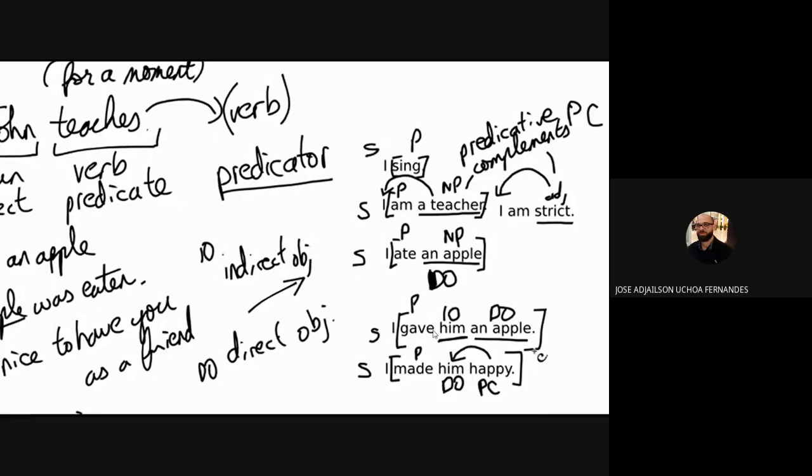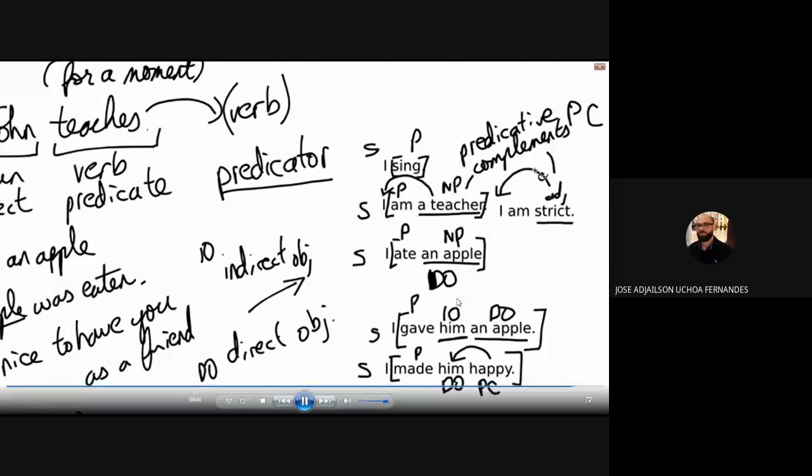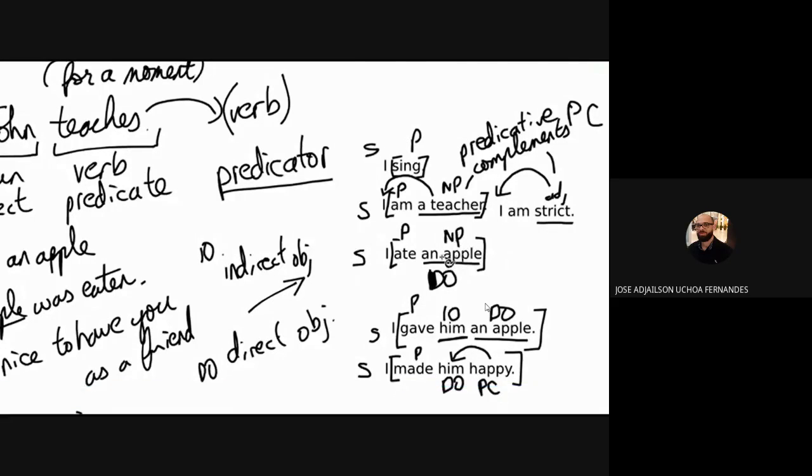So we would call it maybe an object-oriented predicative complement, whereas this was a subject-oriented predicative complement. Predicative complements, just remember, they describe some other part of the sentence. They aren't a new thing that gets played with like an apple or this person who I'm trying to cheer up. Okay?